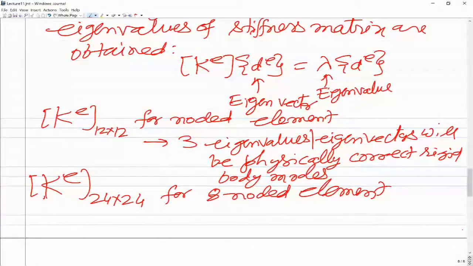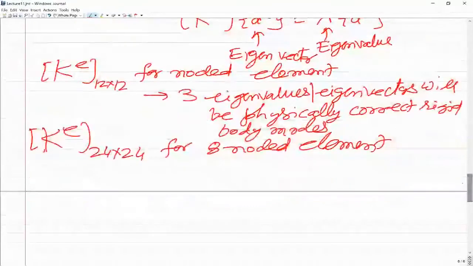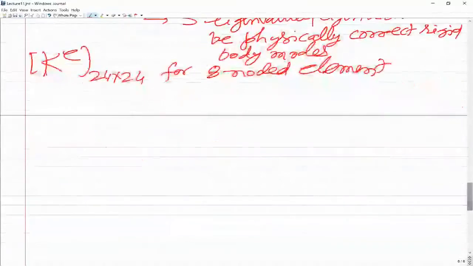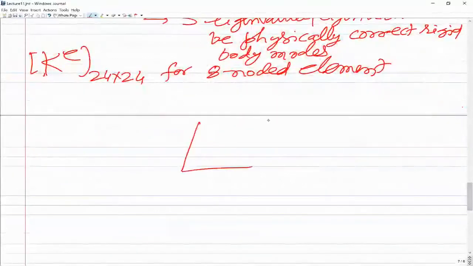Sir, why should only three eigenvalues be zero? Because the element has 3 degrees of freedom: w, theta x and theta y.